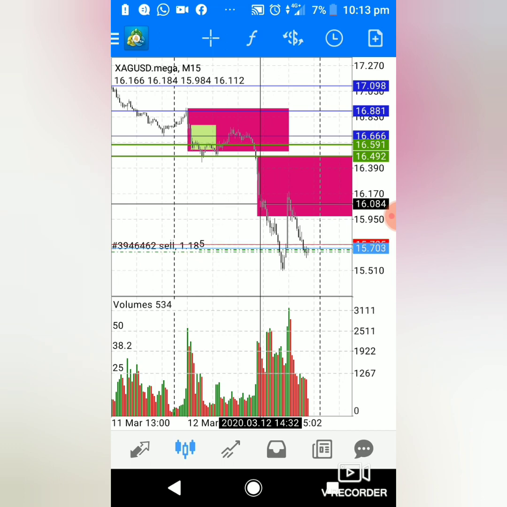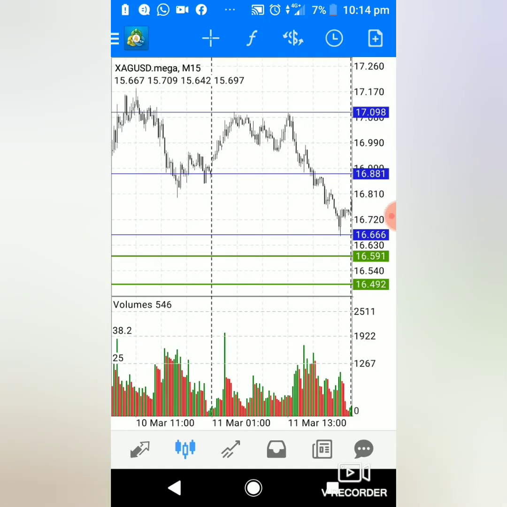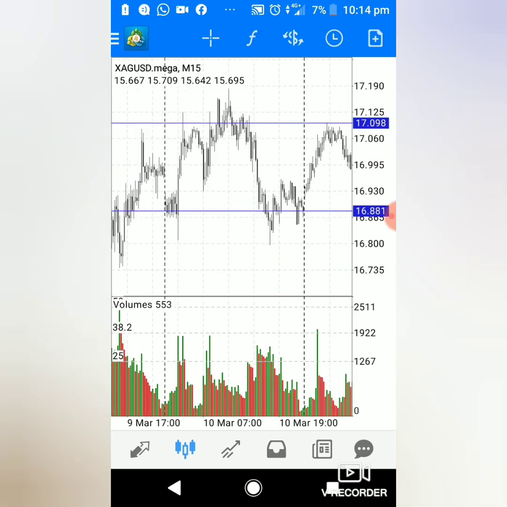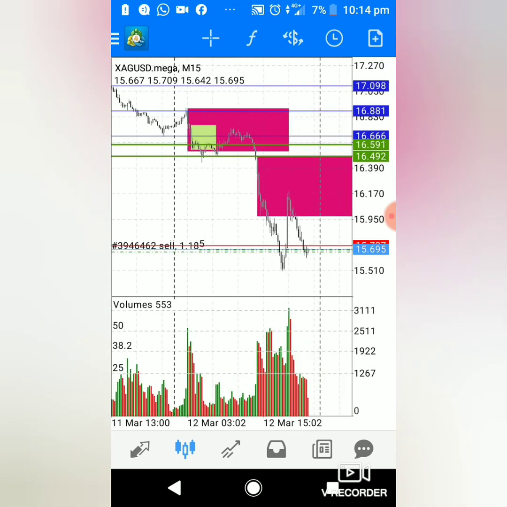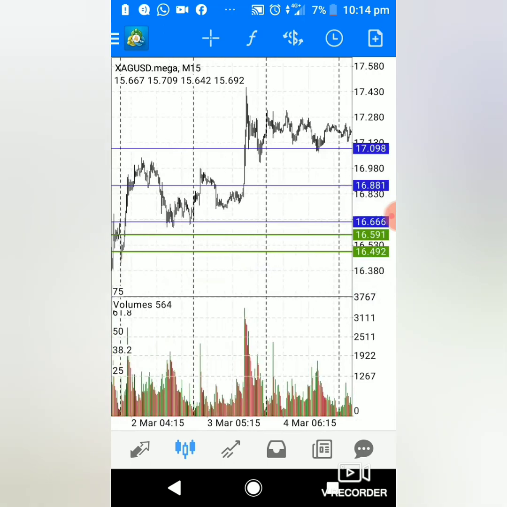It's only to add on your primary analysis. It's just a secondary analysis to support your primary analysis. So it's not for entry purposes, as these structures are not the ones that give direction to the market itself. It's just to support your primary analysis, that's all.